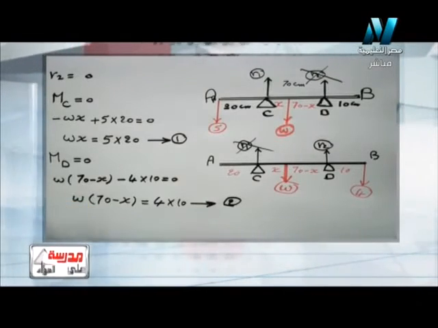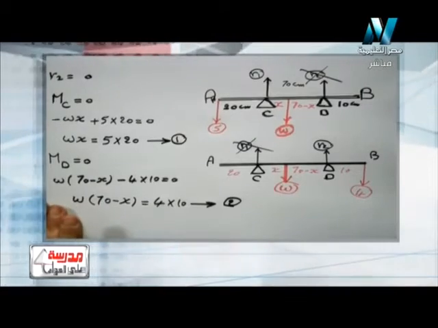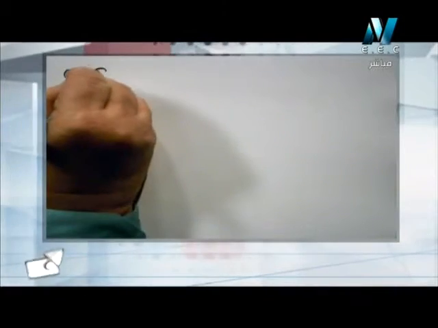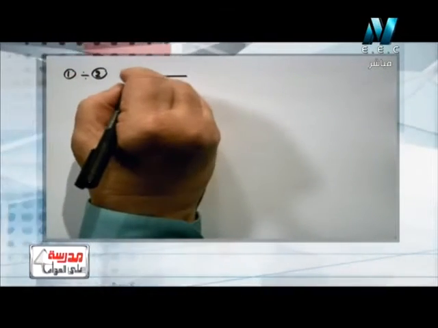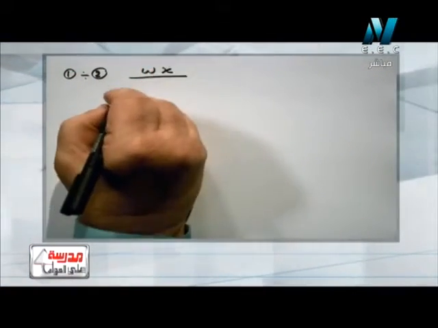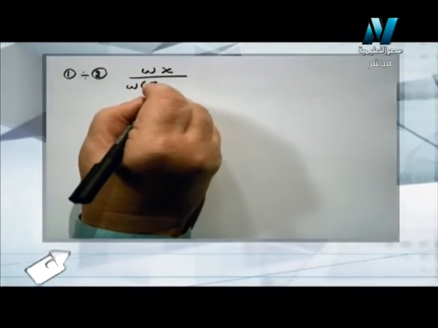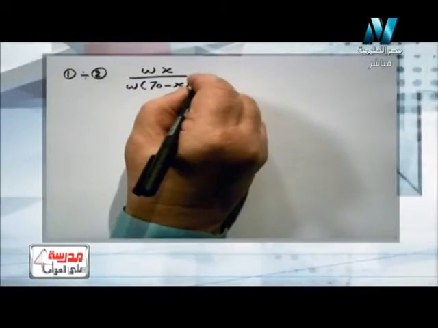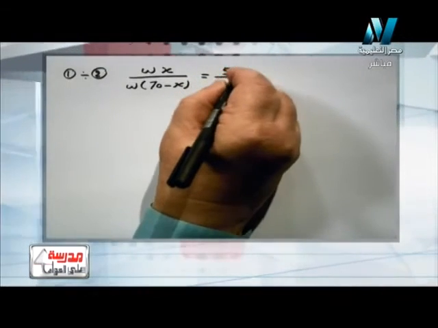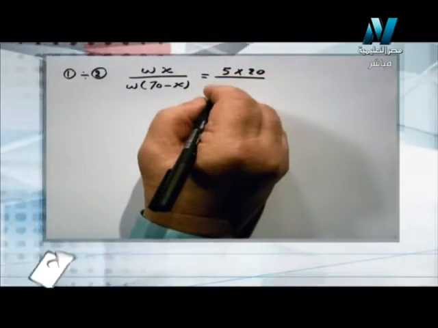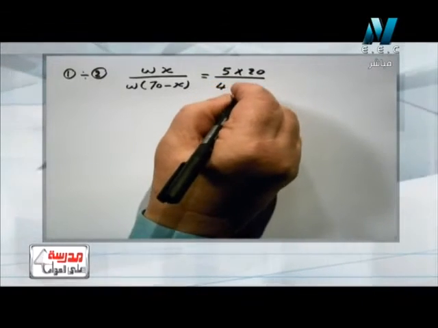يعني احنا ممكن نعمل expand للبراكت ونعمل substitution، او ممكن نعمل dividing two equations زي ما تحبوا. فهنعمل dividing. هنقول 1 divided 2. 1 كانت WX equal 5 by 20، و number 2 كانت W 70 minus X equal 4 by 10.